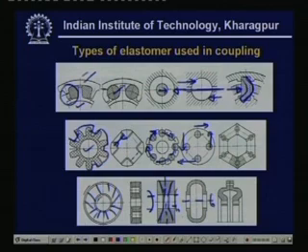When this is one shaft and this is the other shaft, whenever it moves this way, then of course you get a large shear stress in this region. Similarly here. So these are a few types of elastomers which are used in coupling. If you want to know more about the elastomeric couplings, then you should read some book. We are not going to speak on the elastomer anymore.